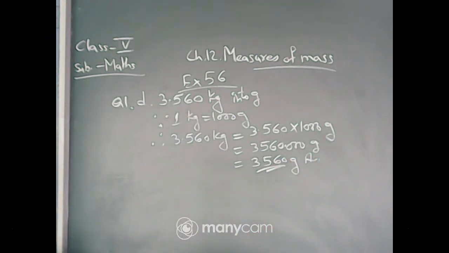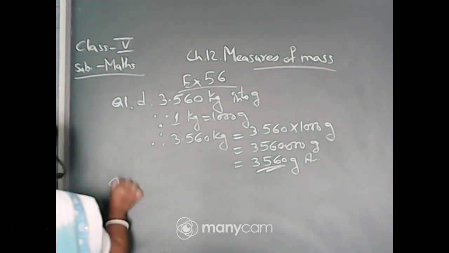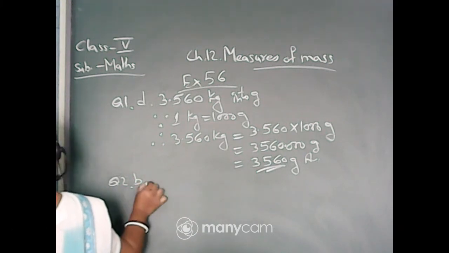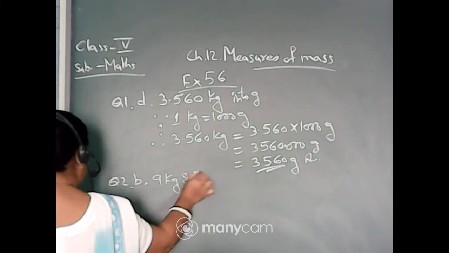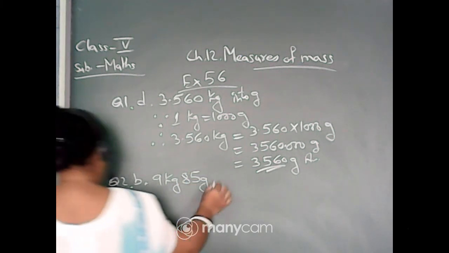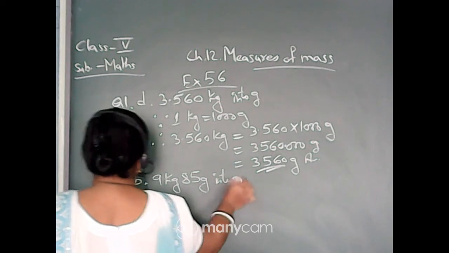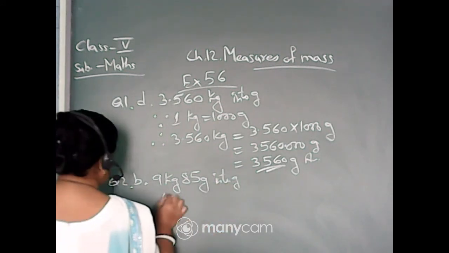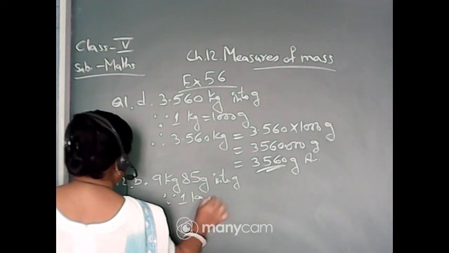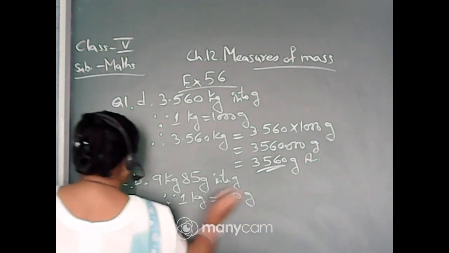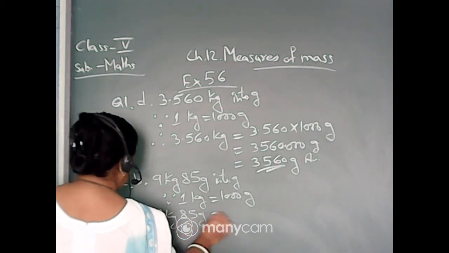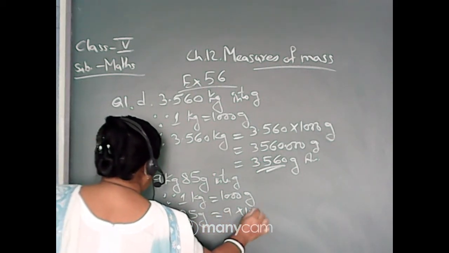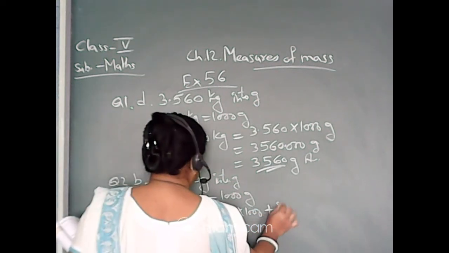Okay. Now the next one. Question number 2b. It is given 9 kg 85 gram into gram. You have to convert into gram. The same thing, since 1 kg is equals to 1000 gram, therefore 9 kg and 85 gram is equals to 9 into 1000 plus 85.